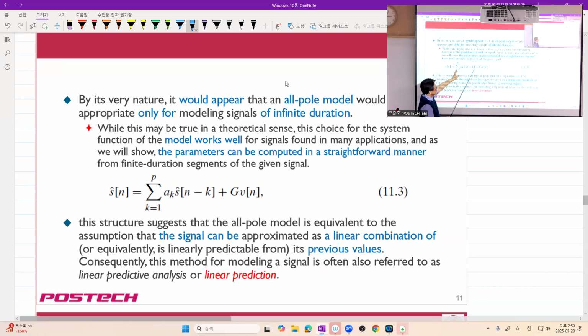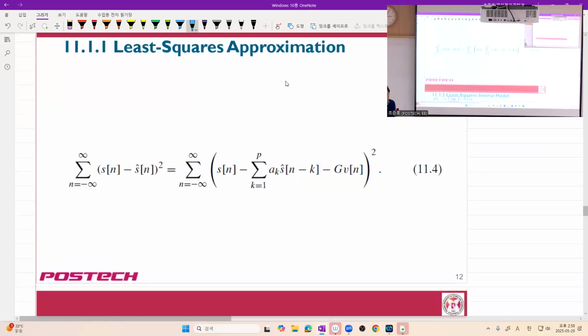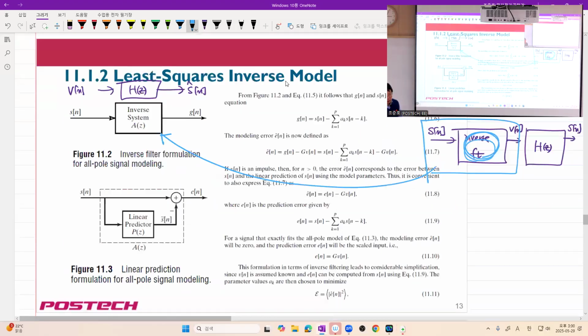That error is handled by the signal V. But you want to make the energy of the difference as small as possible. So here goes the energy of the error signal, and you want to minimize it.